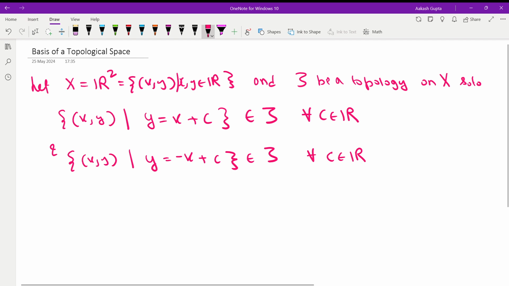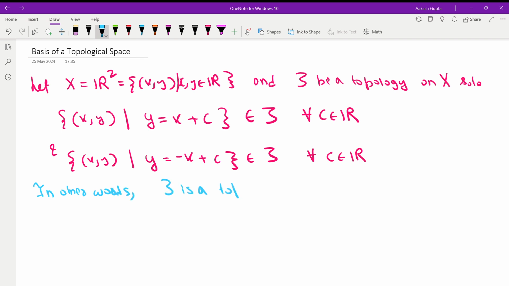You may stop the video and think about what these open sets are. In other words, tau is a topology on R2 in which all lines with slope, you know what the slope of a line is, I'm not going to define it here.